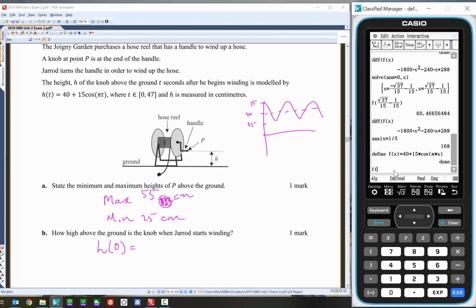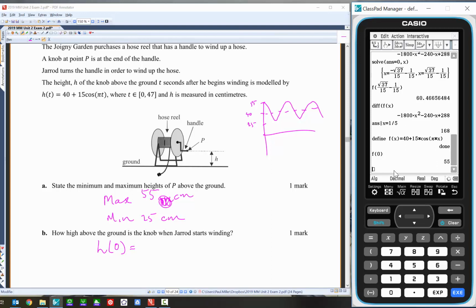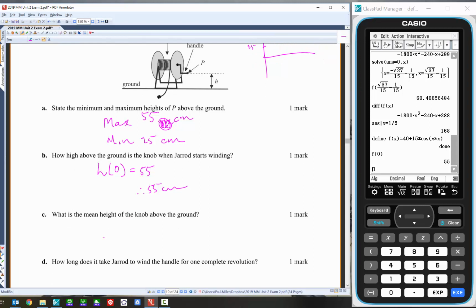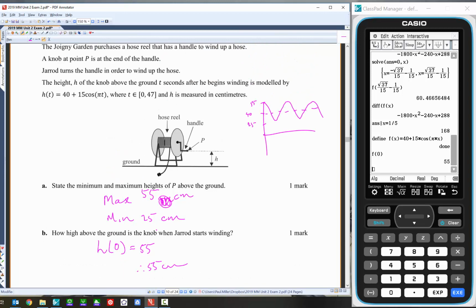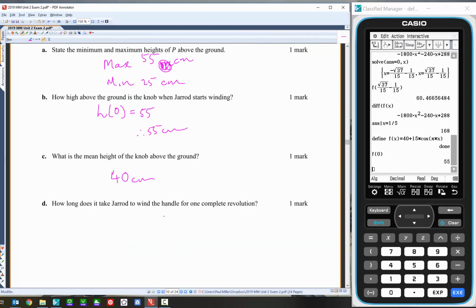So f of 0 equals 55, therefore 55 cm. What's the mean? Oh, already got that from the picture. That is going to be 40 centimeters.